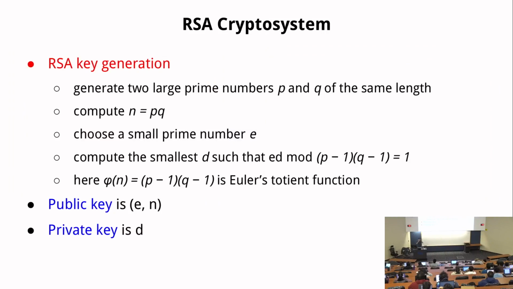So first of all, we have a party for key generation, and that party will generate two large prime numbers, P and Q, of the same length. For security, it's better if they have the same length.